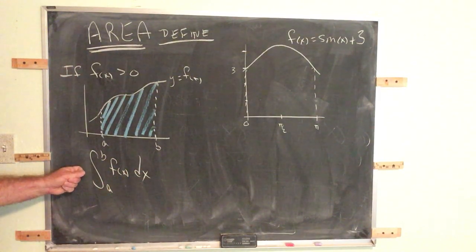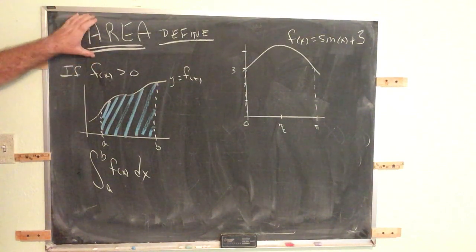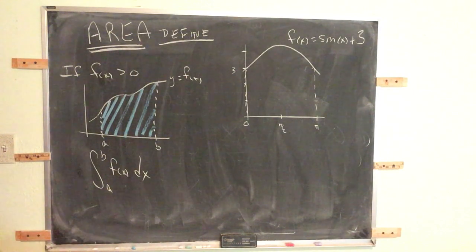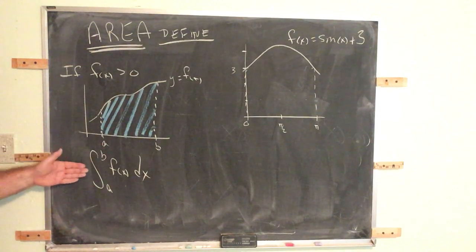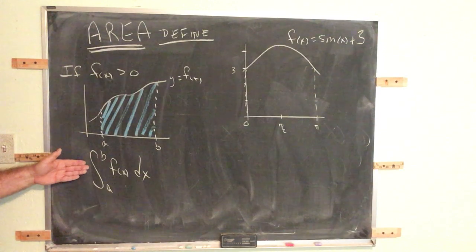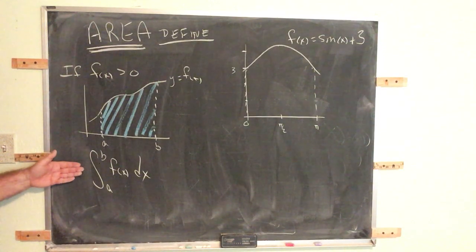That is the area. When we say the word area, we mean that. Anytime in any mathematics course you ever have or will use the term area, you mean that. Area is defined to be this definite integral.